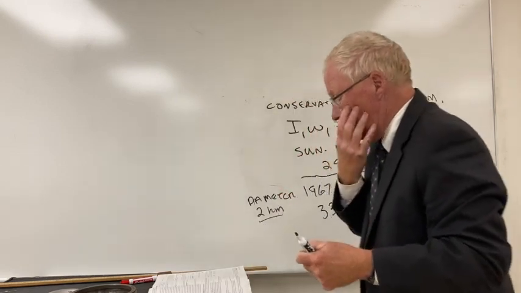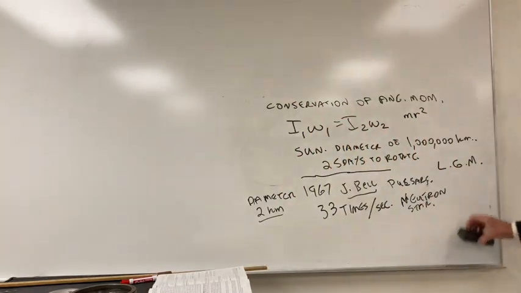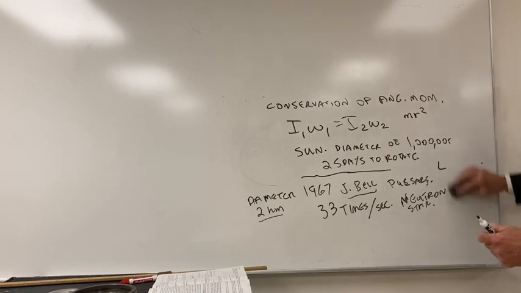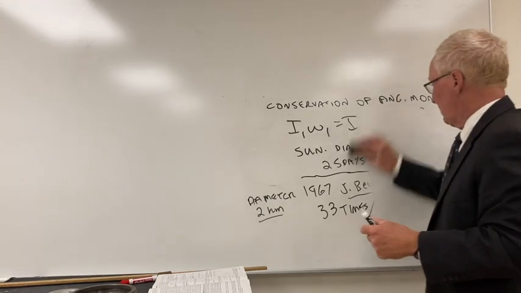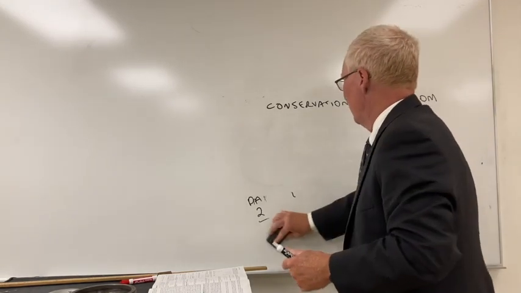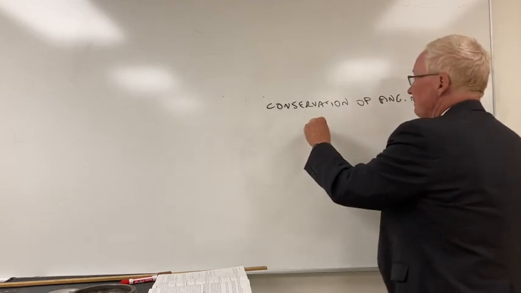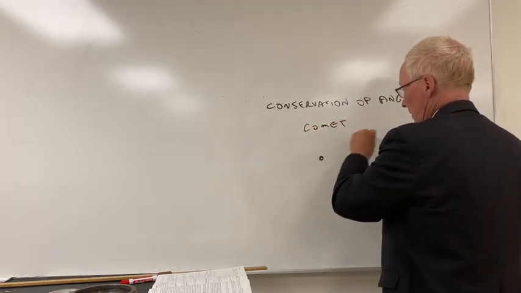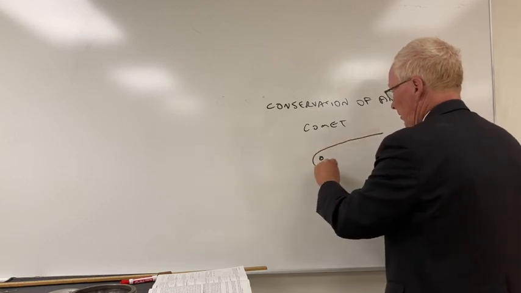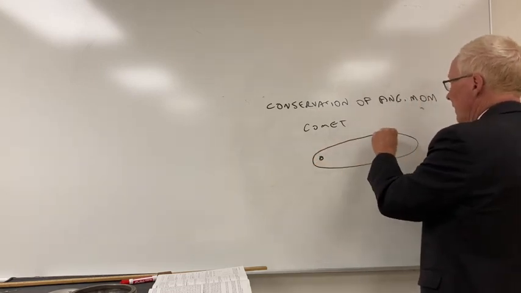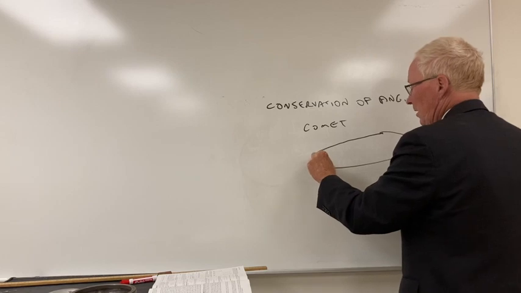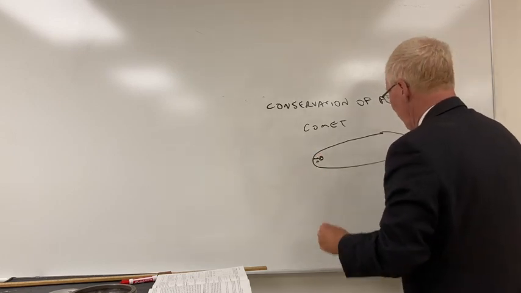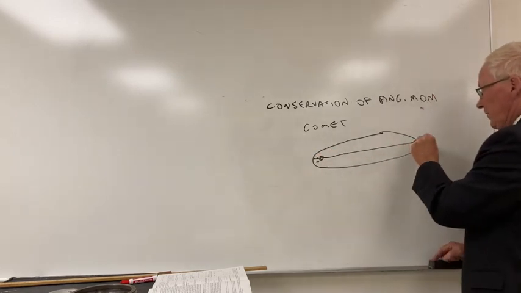We see the same concept one last time in comets. All right, a comet orbiting the sun has a very elliptical orbit. And because of conservation of momentum, the R here is very small, but the R way out here is large.